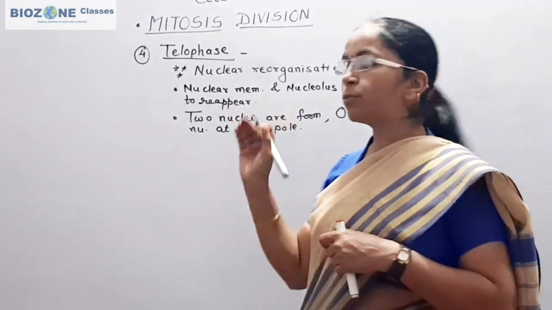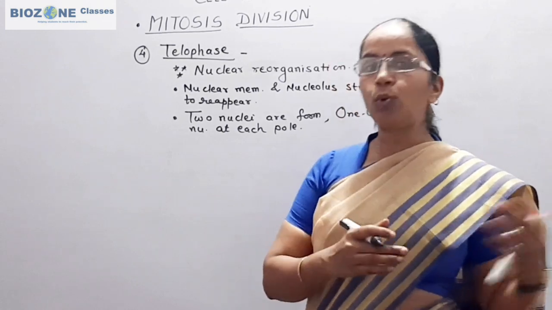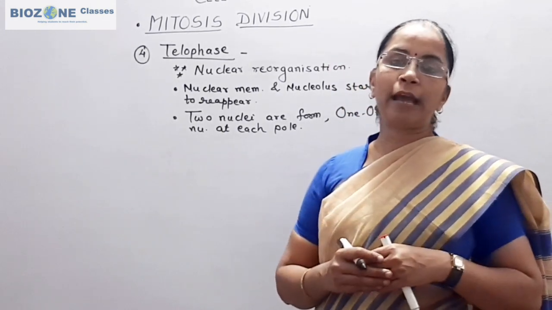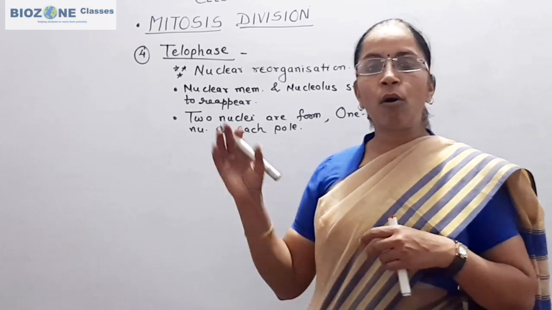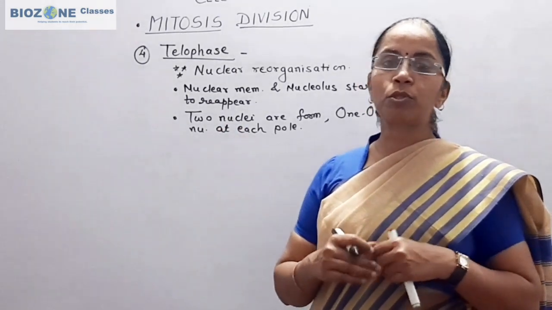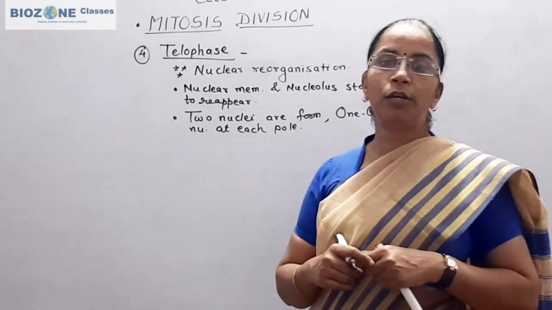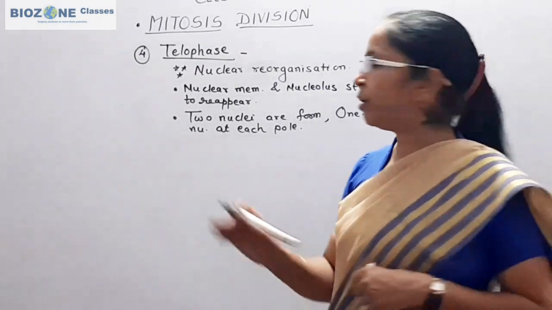The chromosomes which appeared up to anaphase now become thread-like structures again, or you can say the chromosomes convert into a network of chromatin. So remember this part.